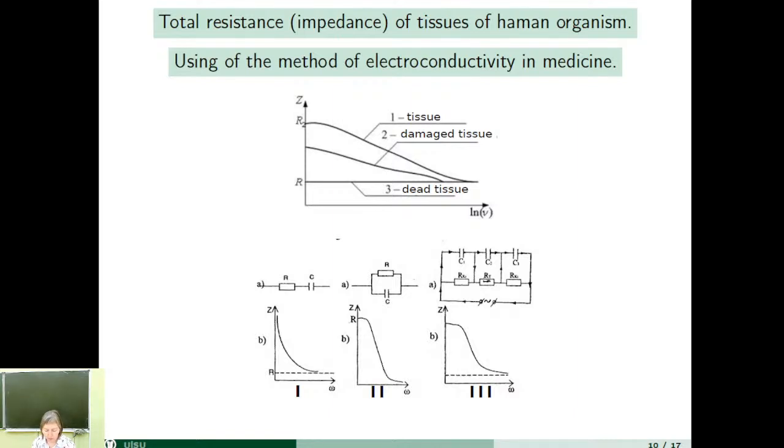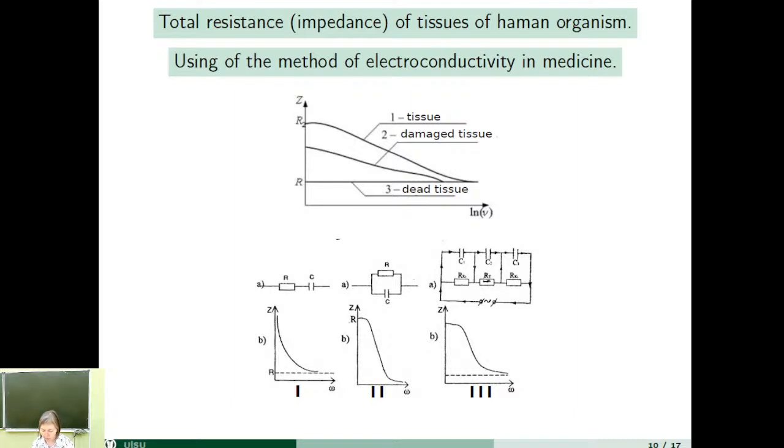The presence of capacities in a biological system is proved by the presence of a shift of phases between a current and a voltage. The angle of shift of phases is defined by the ratio between the capacitor and the ohmic resistance.